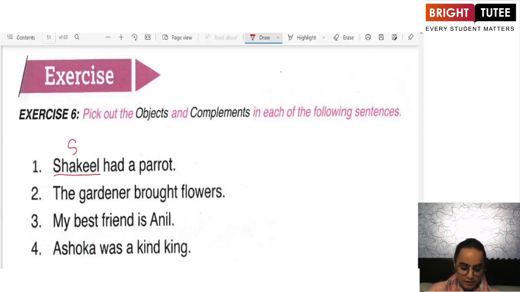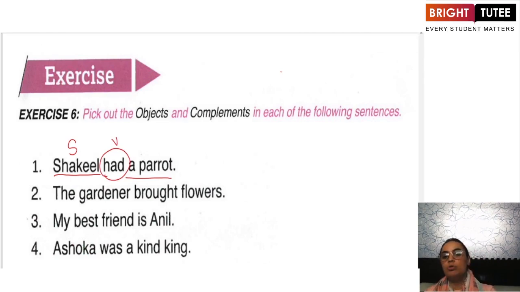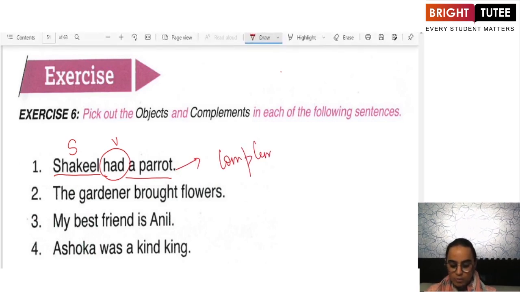In this sentence, Shakil is the subject, had is the verb, and a parrot is the noun. And as we had discussed before, a complement of a verb can either be a noun or an adjective. So here a parrot is a complement of the verb.